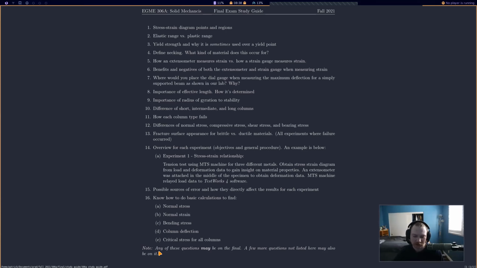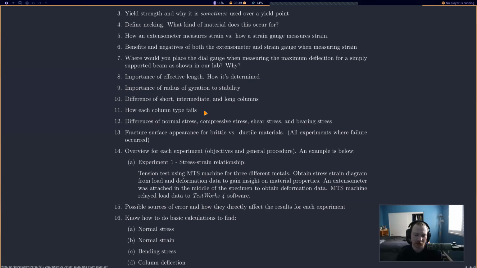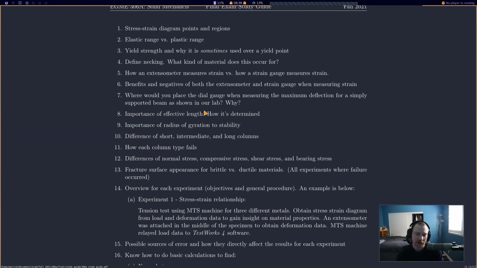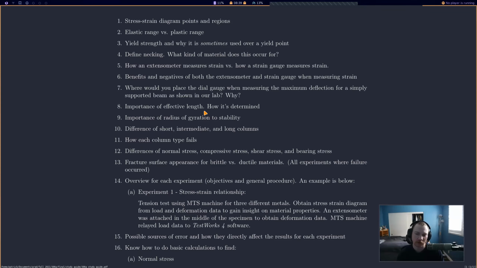And also at the end here, I might have any of these questions on the final, and I might make a few more questions that aren't on this study guide, but they're going to be similar in style. I try to make the final related to the labs that we did, instead of a full final of theoretical, basically math questions that you would have in your actual stress mechanics class, because that's why you take that class.